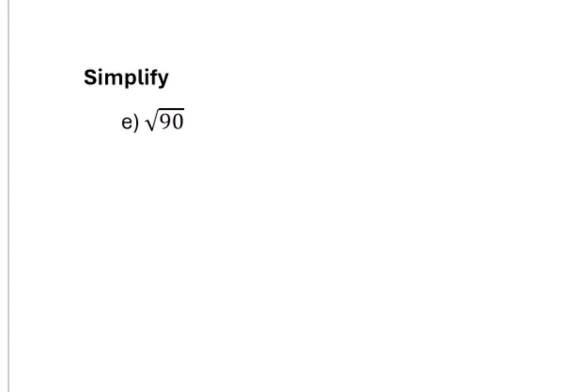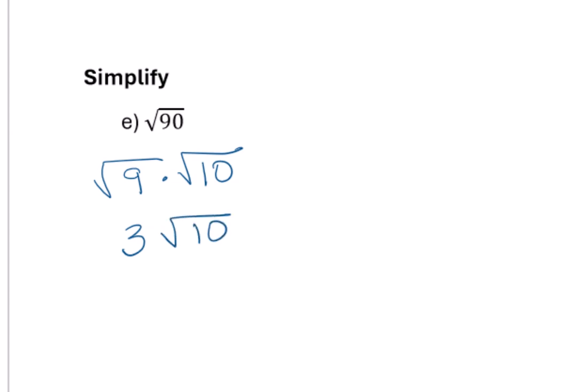If you can recognize two factors that multiply to give us 90, and one of them is a perfect square, like 9 times 10, we could split them up and say, okay, the square root of 9 is 3, and then we'll leave the square root of 10 because 10 is not a perfect square. And also, there are no other factors of 10 that would be a perfect square.